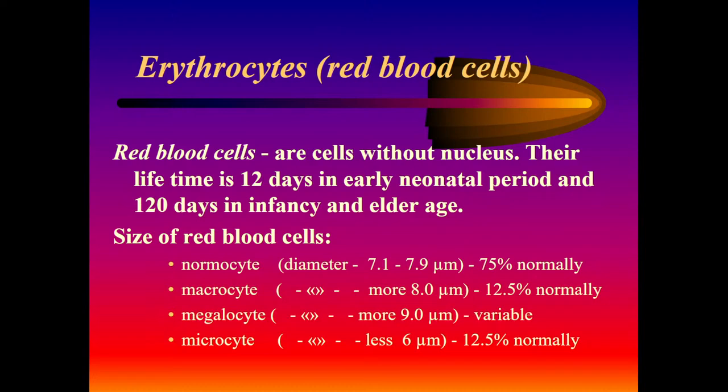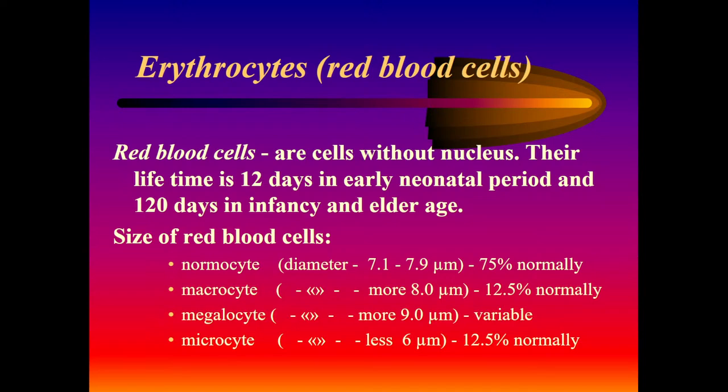Erythrocytes, red blood cells, are cells without nucleus. Their lifetime is only 12 days in the early neonatal period and 120 days in infancy and older age. Please pay attention to it.